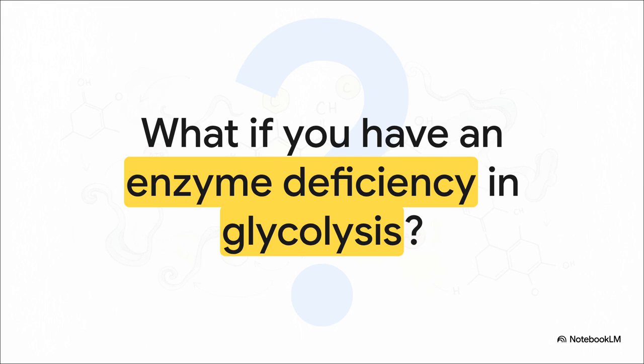But what if the blueprint was flawed from the very start? Consider the biological consequences if someone were born with a genetic deficiency in the hexokinase enzyme at the very beginning of the pathway, or the pyruvate kinase enzyme at that crucial, irreversible final step. Think about it. How might missing just one specific microscopic enzyme out of 10 completely rewrite an entire body's energy story? Pretty wild to think about, right?